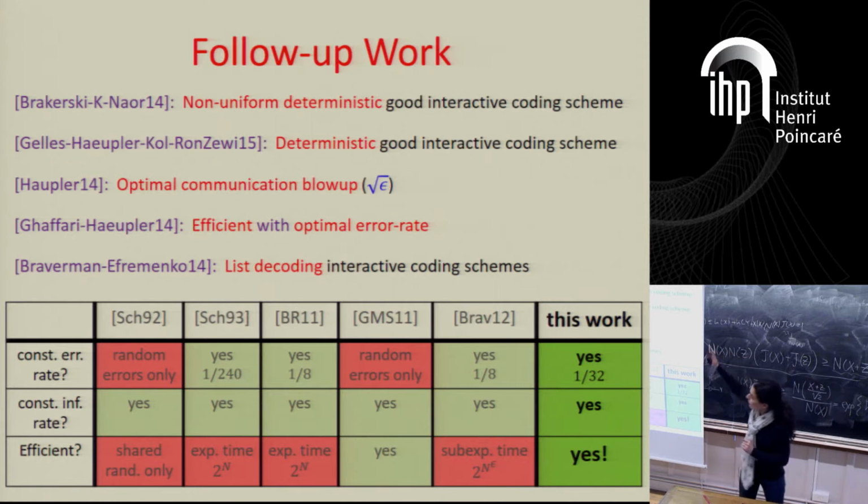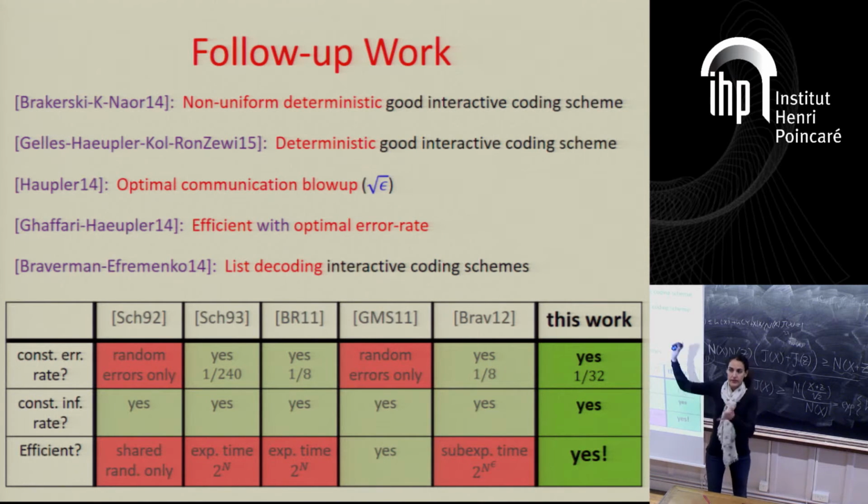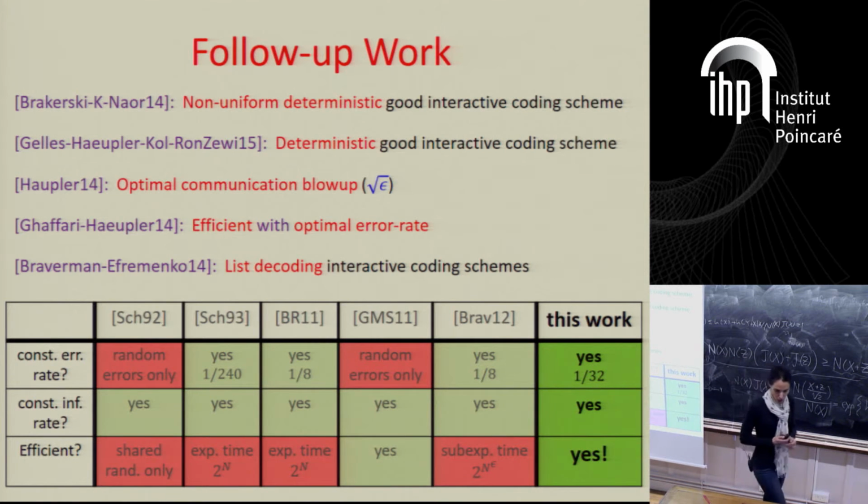And then there's a very nice work of Yael et al. that Noga is going to talk about, which managed to get really deterministic interactive coding with some caveats that Noga will say. And then there was another work by Haeupler, which is very nice.